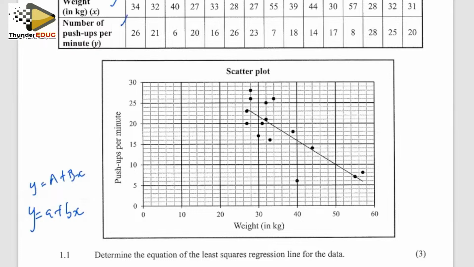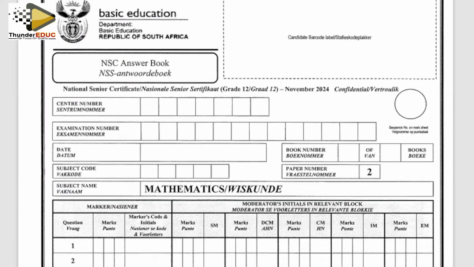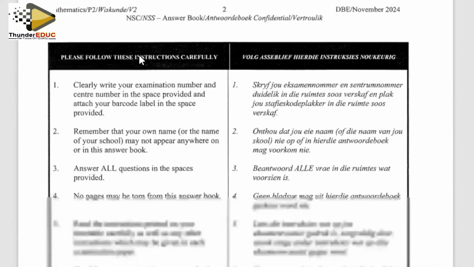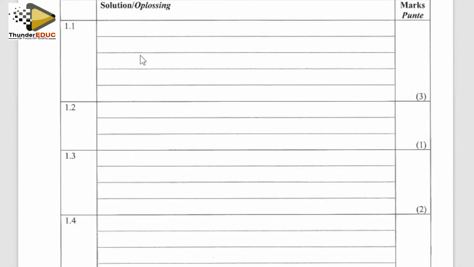Having done that, the value that I obtained for A is 39,456, which I'll round off to 39,46.